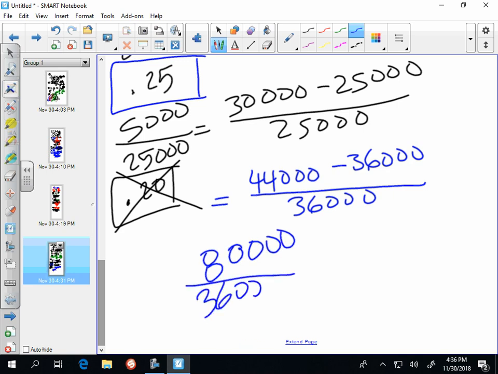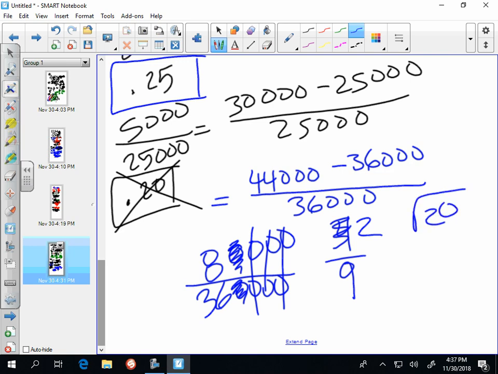But if I do 8,000 over 36,000, not 80,000, but 8,000 over 36,000, I end up with 2 over 9. Well, 2 over 9 is, let's do it, 20 divided by 9, that goes in 2 times, 2 times 9 is 18, which leaves 2, I bring down another 0, I get 22, so that's 22%.